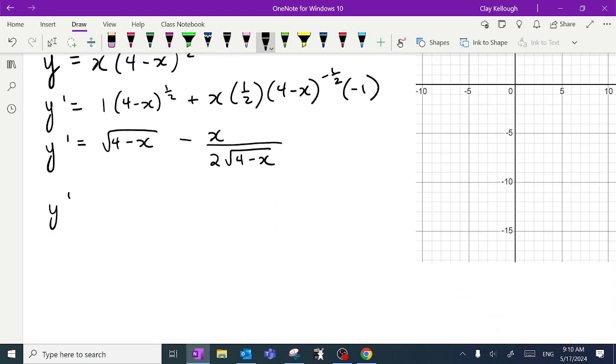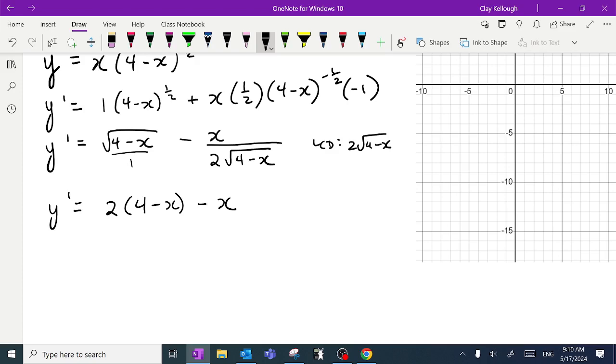So if I do a common denominator, that would mean the common denominator is this denominator, because remember, this is just over 1. So the lowest common denominator here is 2 times the square root of 4 minus x. So I'll times this thing by 2 times root 4 minus x, which would be 2 times 4 minus x.